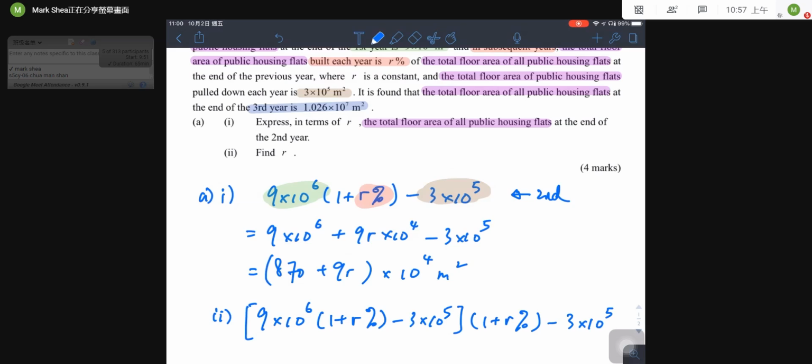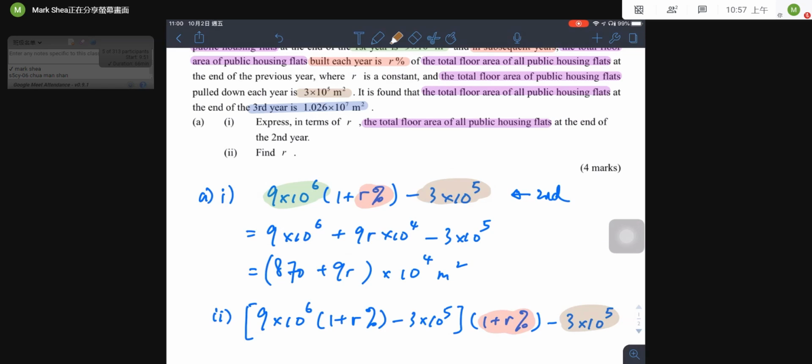The idea is quite similar to the previous part. We need to build R%, and then plus 1 for the total housing area at the end of the second year. And don't forget, we need to pull down 3 times 10 to the power 5 meter square at the end of each year.